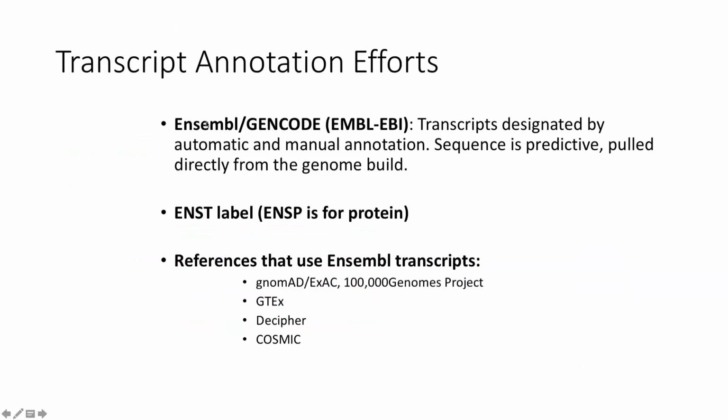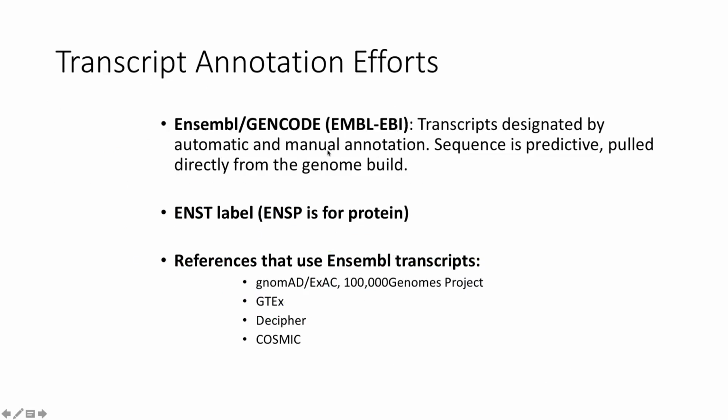So I want to talk to you now a little bit about transcript annotation efforts. Two of the most common ones that you'll see are Ensembl and RefSeq. The first one that I'll talk about is Ensembl. This is from Ensembl EBI. These transcripts are designated by automatic and manual annotation.